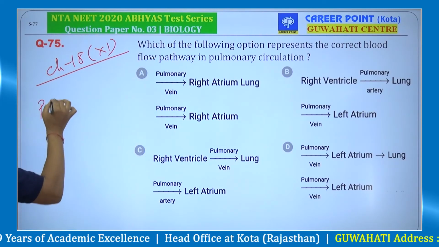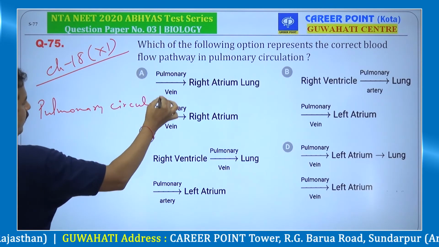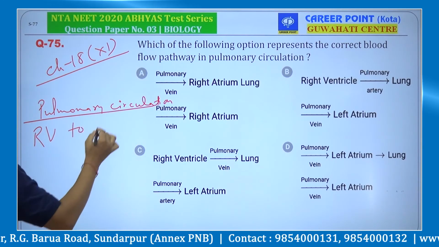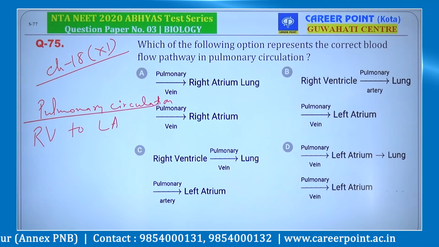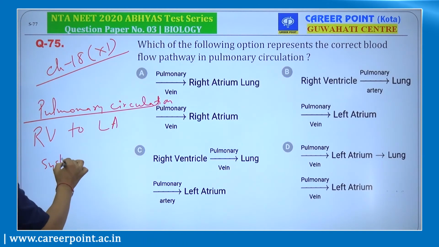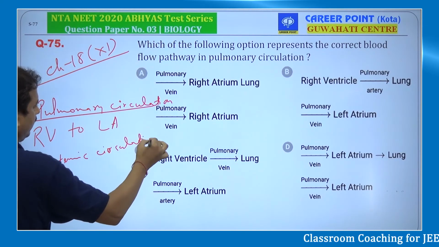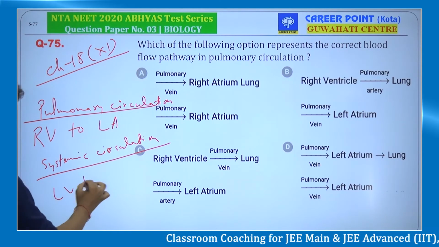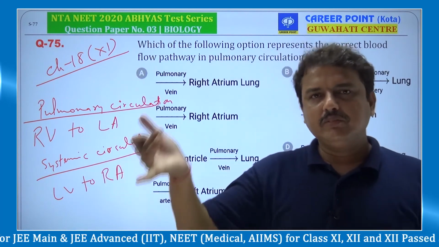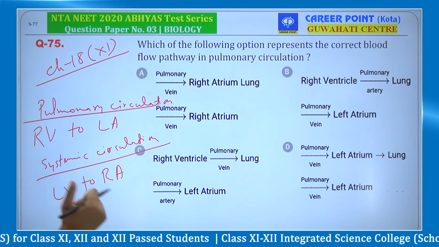Pulmonary circulation is from right ventricle to left auricle, and systemic circulation is from left ventricle to right auricle. So these two statements you should remember.